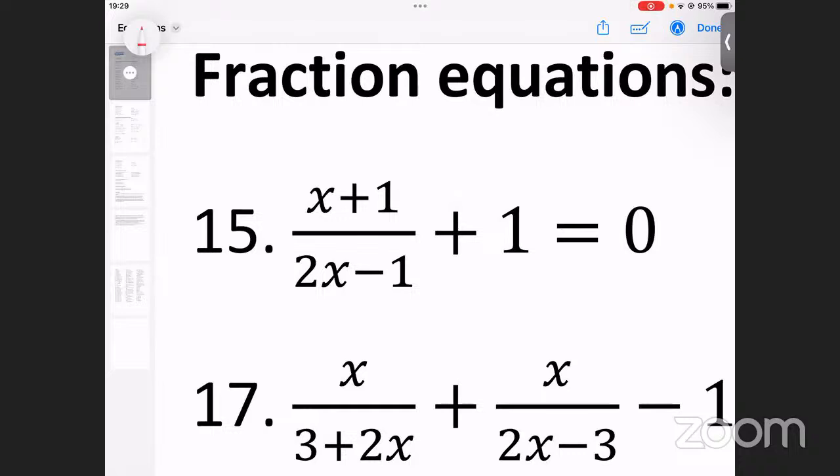Then you end up having a linear equation. So the first step is to make sure that you convert this fraction into a linear equation. It's very much easier to deal with linear equations as compared to dealing with fractions.